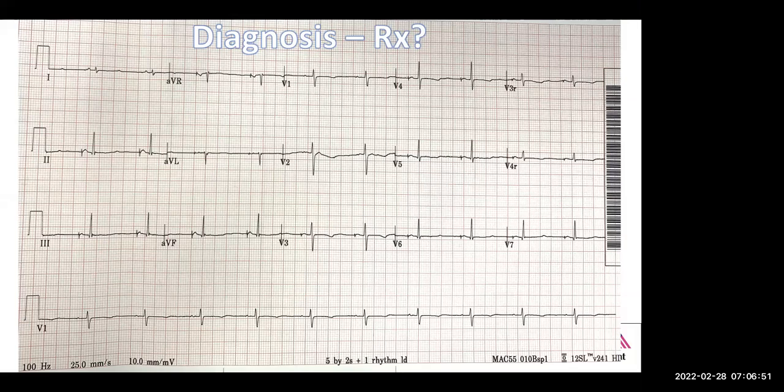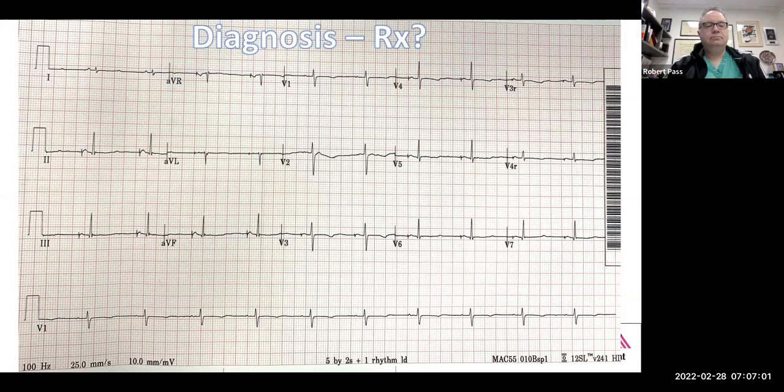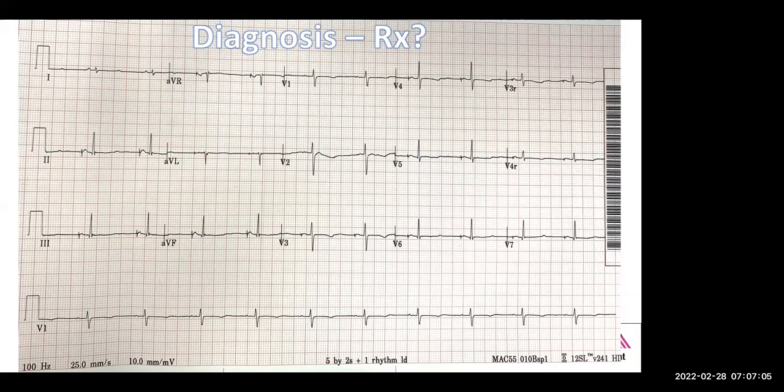So I'm looking at leads 1, 2, 3, aVF. Seems like sinus rhythm with what seems like a pacing spike that I don't appreciate in lead 1, but in lead 2 just before the P wave.